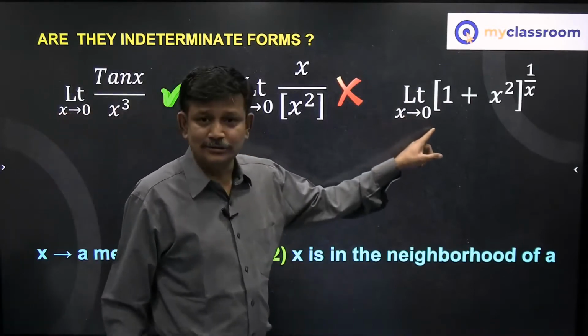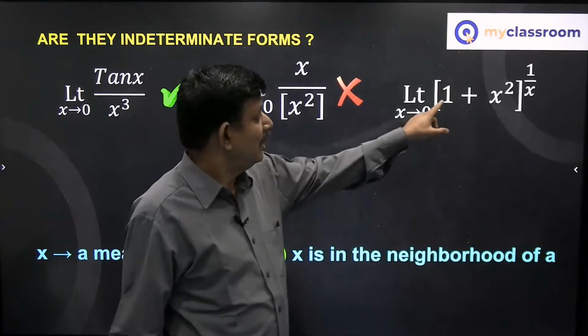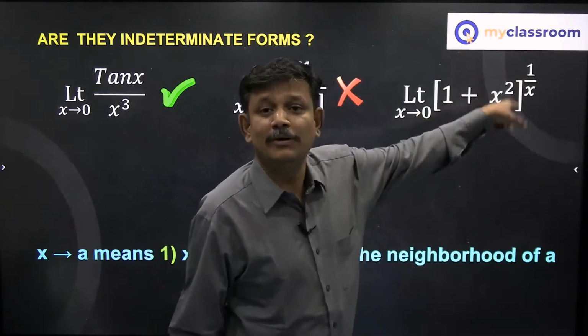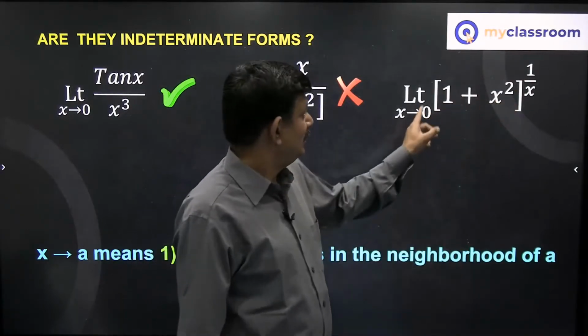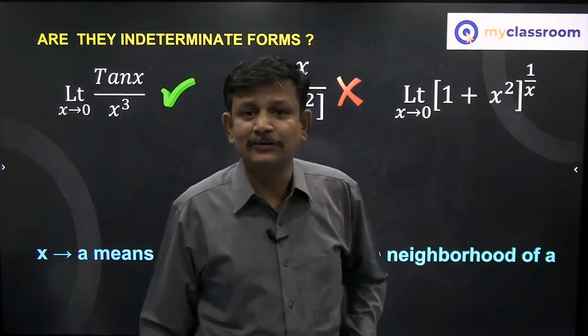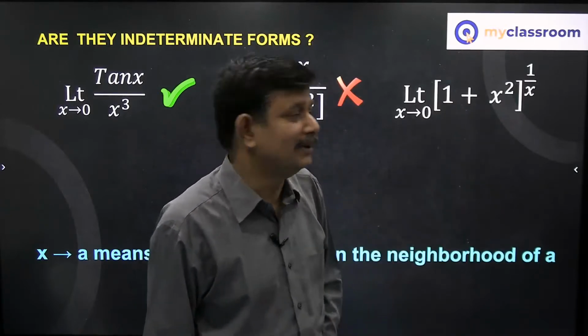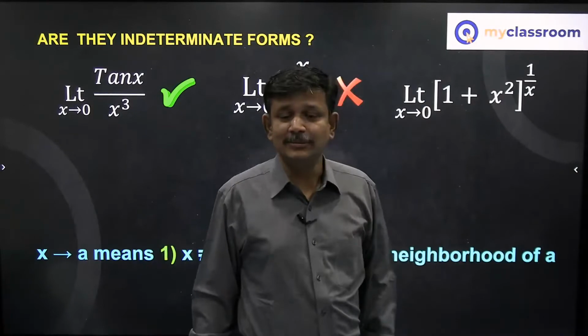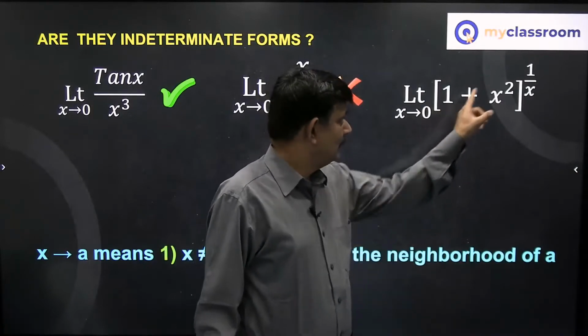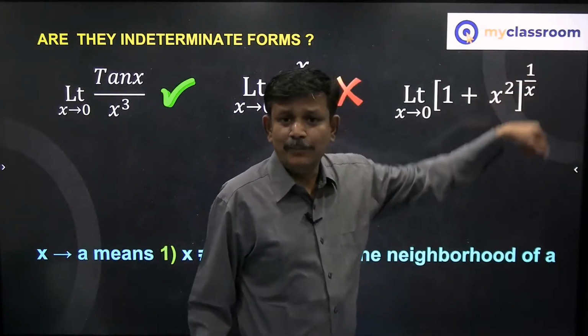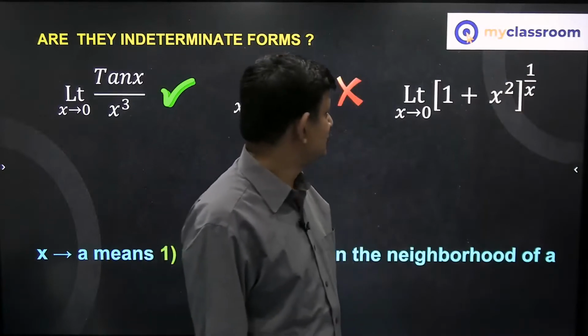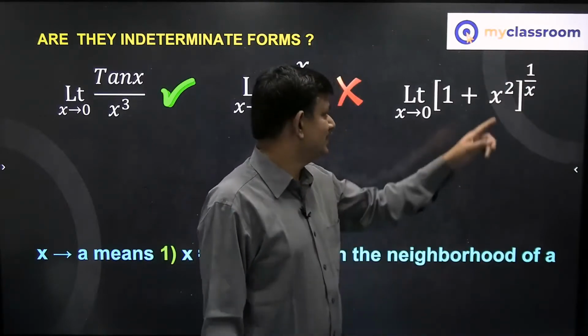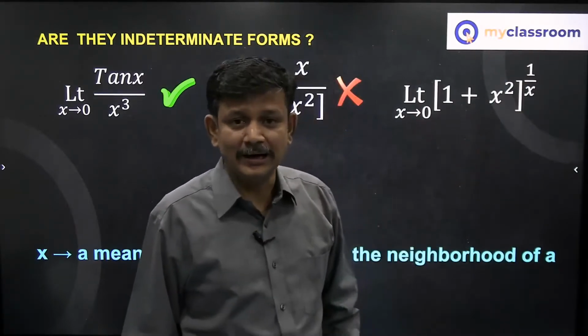Let's look at another limit. Limit as x tends to 0 of integral part of 1 plus x square, whole power 1 by x. Now, is this an indeterminate form? Power is approaching infinity or minus infinity depending on LHL or RHL.